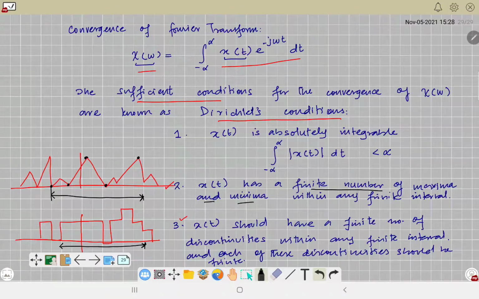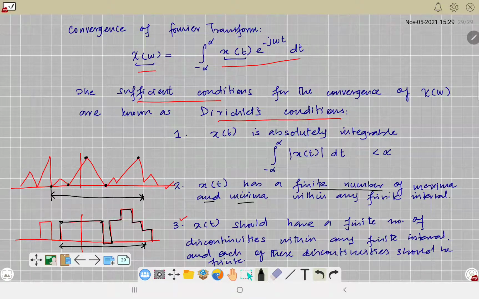Now, if you look at the discontinuities, we start from here. This is the first discontinuity, then here another discontinuity, then another, another, 4, 5, 6. So these discontinuities should be finite in number, and the number of these discontinuities should be finite.